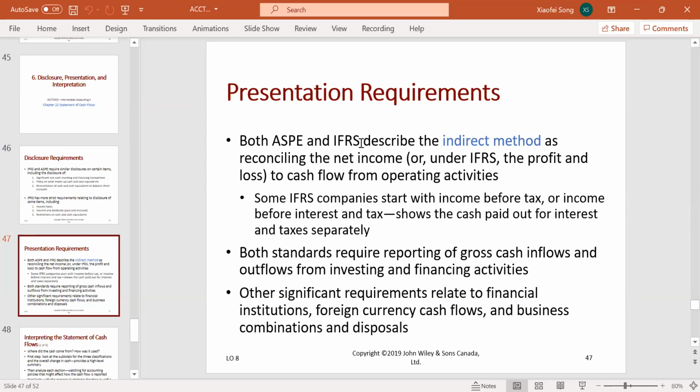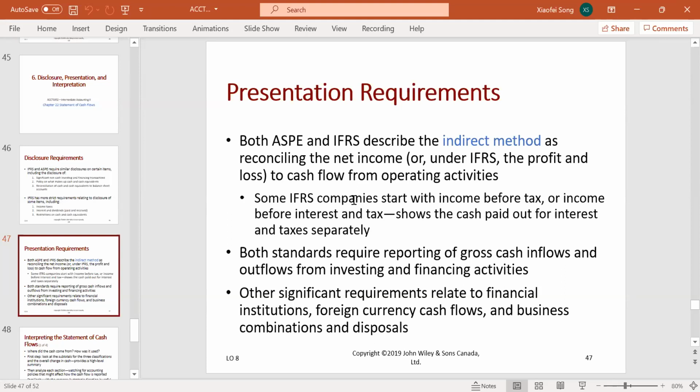And both ASPE and IFRS accept that if you use the indirect method, starting with net income and ending with cash from operating activities, that's sufficient reconciliation. So that's part of the reason why most companies use the indirect method, because they meet all their reporting requirements by doing that. If they use the direct method, they have to reconcile in addition to that.